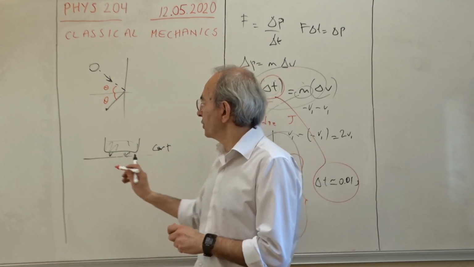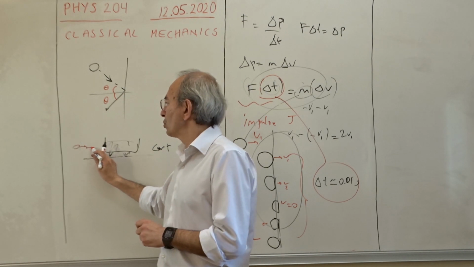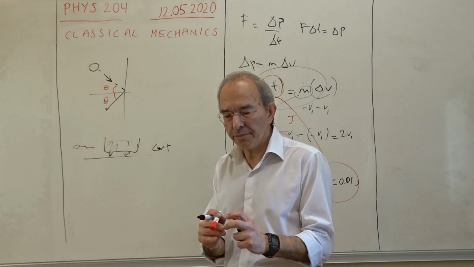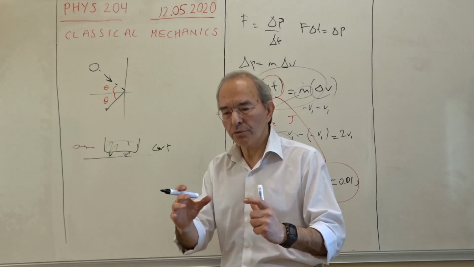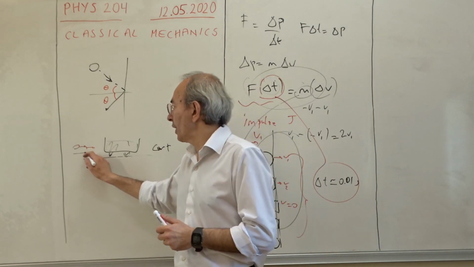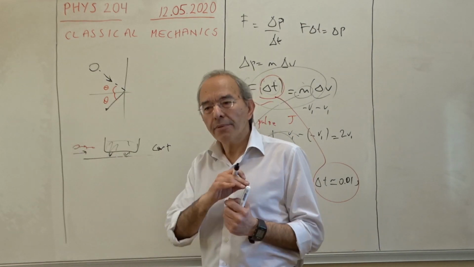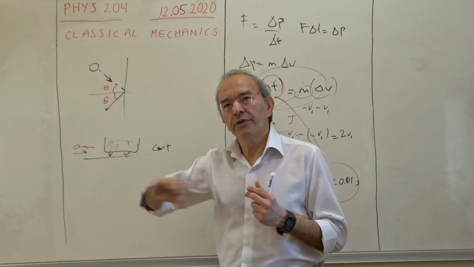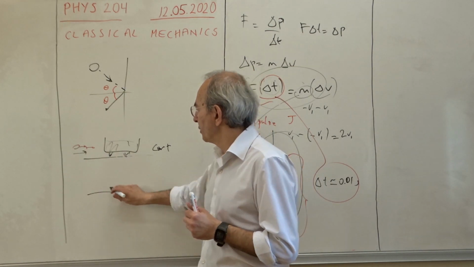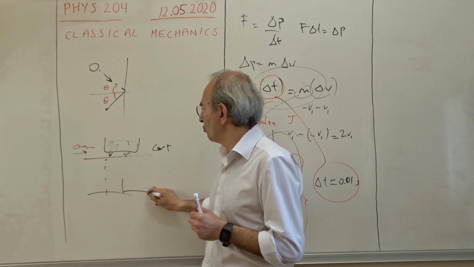So by, for instance, continuously throwing some tennis balls or larger balls, basketballs, for example, by sending some beam of basketballs to this object, you can manage to move it.